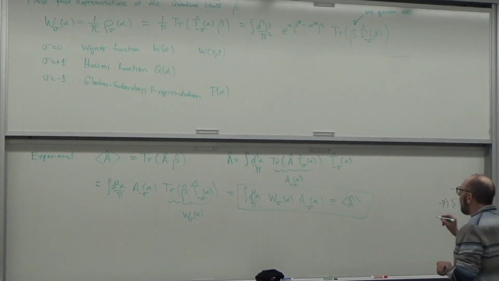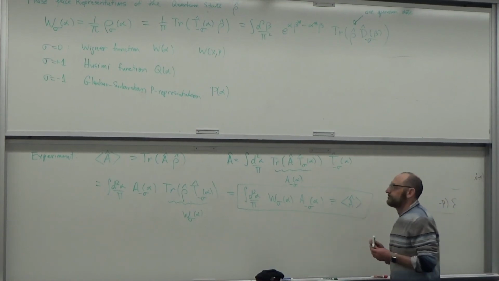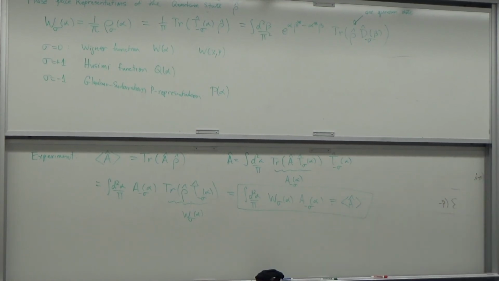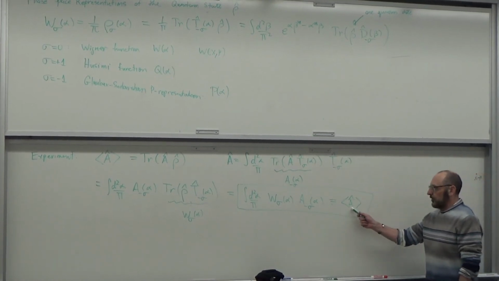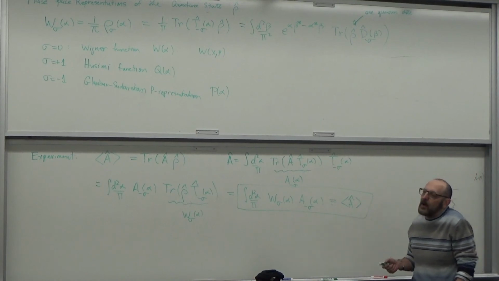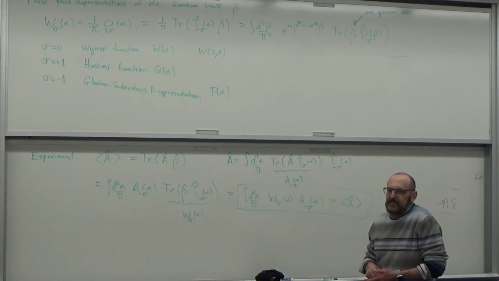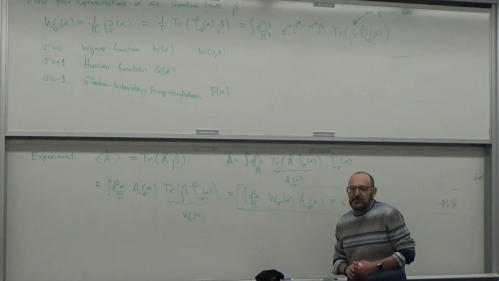So, what do we see here? It says, if I want to calculate the expected value of this observable, I can think about it as a phase space integral.